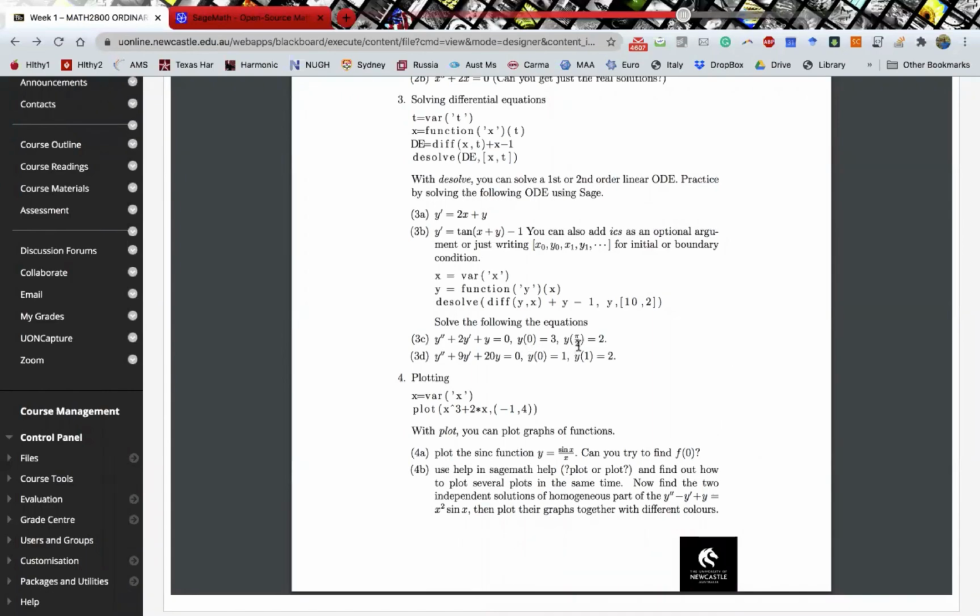These two conditions will help us to find C1 and C2. Just be careful that here we don't have y prime. In the next videos, in the next weeks, we will have y prime here as well. So I will add 0, x0, y0, 0, 3, comma, x1 and y1 here.